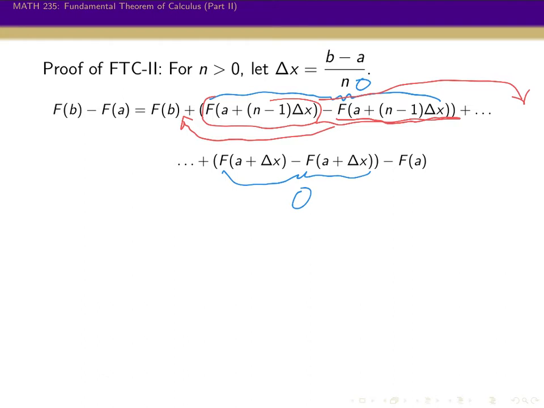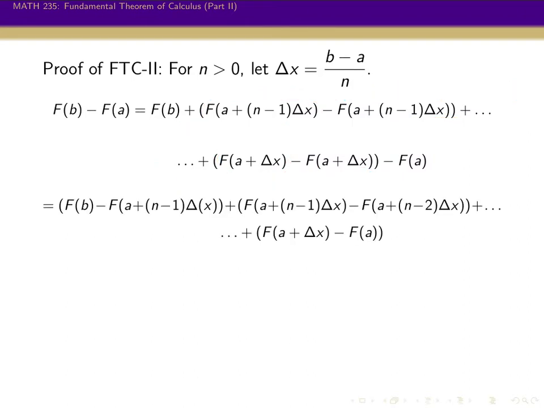Right? So I'm going to keep with that pattern, and then in the last one, this bit is going to get connected to what happened in the one before, and then this last one, f of a plus the single delta x, that's going to be connected with f of a. And so when we rearrange this, this is what we end up with.